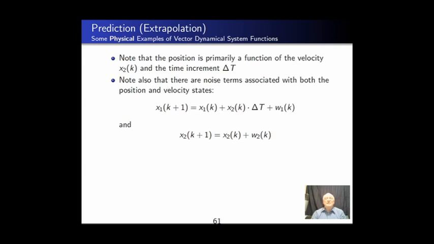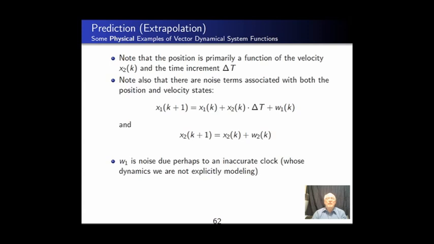But there's also some noise terms, and what could these things mean? Well, they could be due to, say, an inaccurate clock. When we take the next estimate based on our clock telling us it's time to do so, we don't know if that's really the exact time, or there might be some error in our clock.